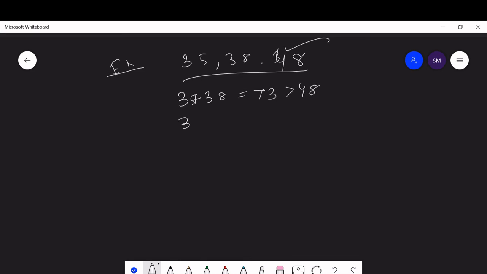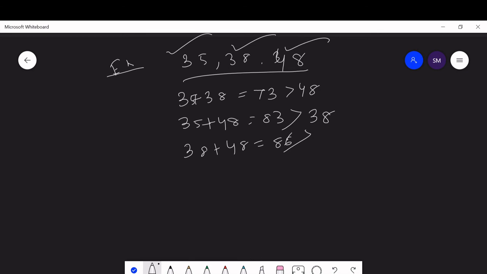Then 35 plus 48 is equal to 83. Yes, this is greater than the third side 38. Then 38 plus 48 is equal to 86. Yes, this is greater than 35. Yes, these three measures satisfy the triangle inequality property. Yes, we can form a triangle using these three sides.